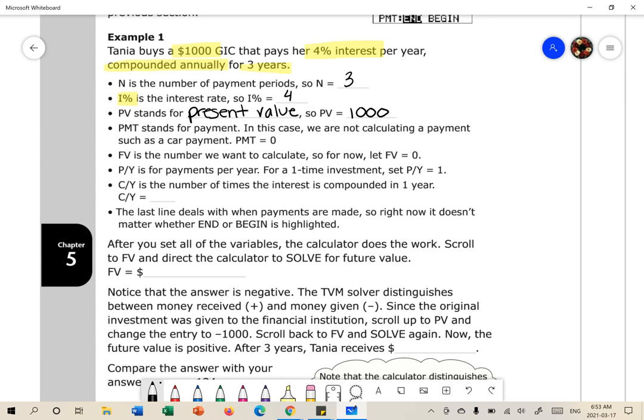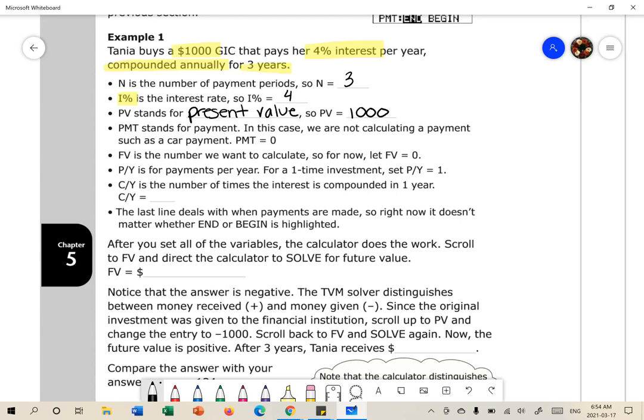So there's 2 different types of compounding interest. There's one like this, where it's a GIC or a savings account, where you input money and the money grows according to the interest rate and number of compounding periods and the length of the term. But there's also compounding interest that collects interest, but then you have to pay it back.